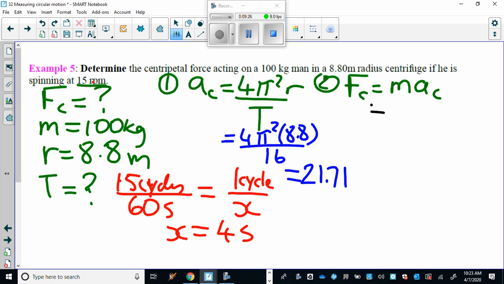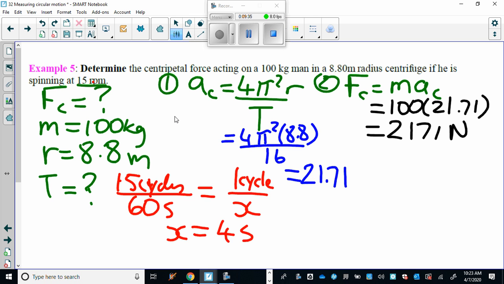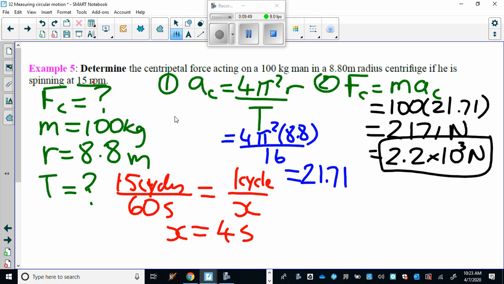And then take that answer and there's your answer. In correct significant digits, that's going to have to be 2.2 times 10 to the 3 newtons.